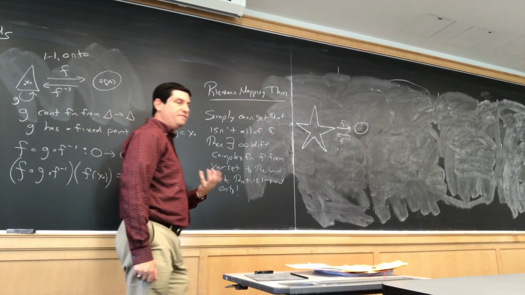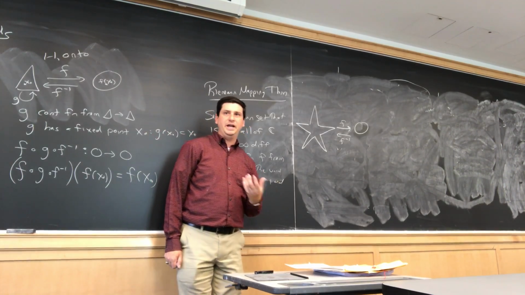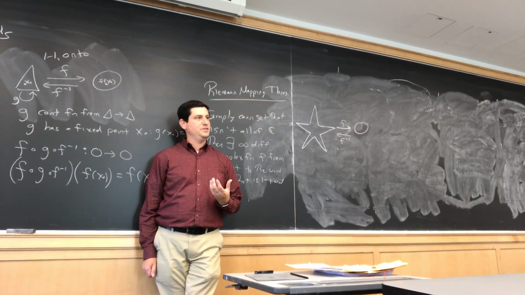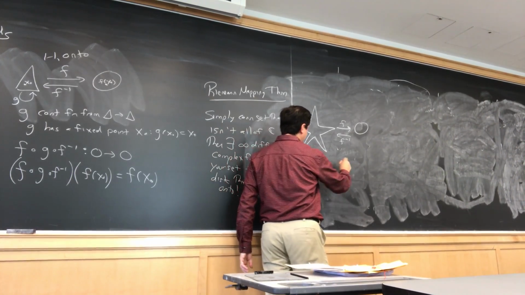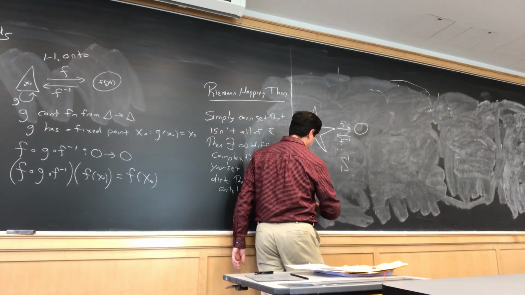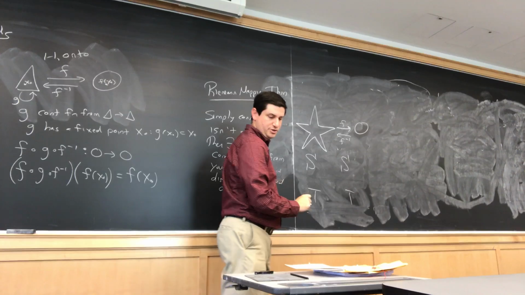You may have seen stuff like this in an algebra class. How many of you have taken an algebra class? I think it's sometimes written, here's S, T. I'll try to use the same notation.